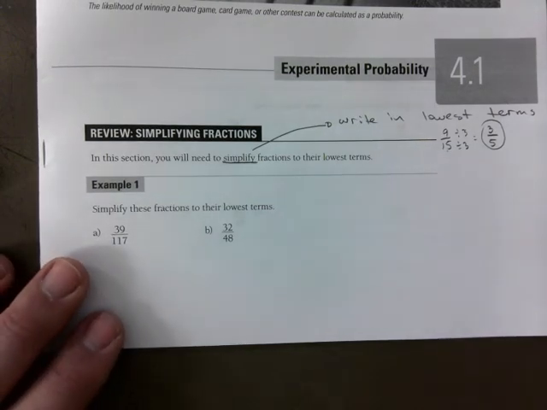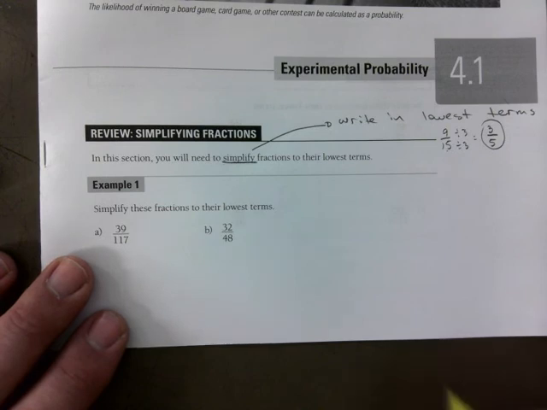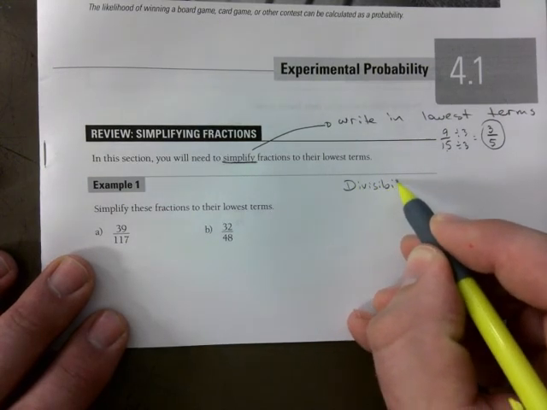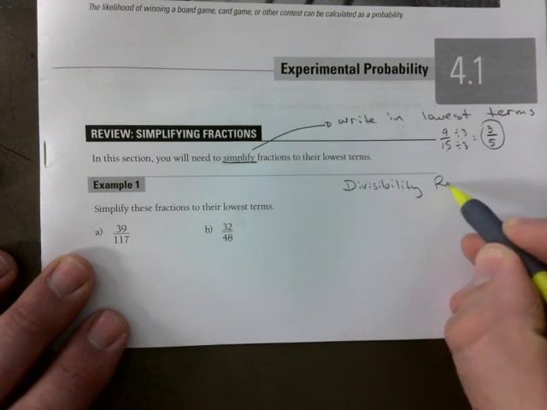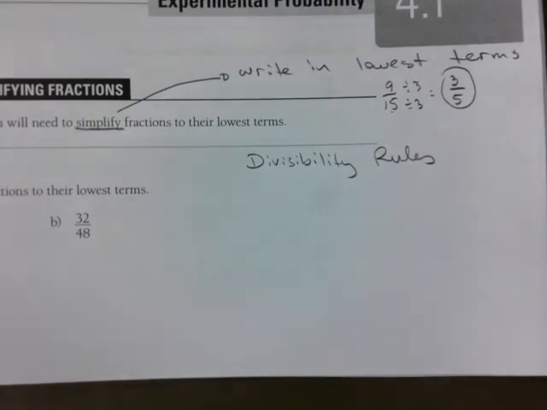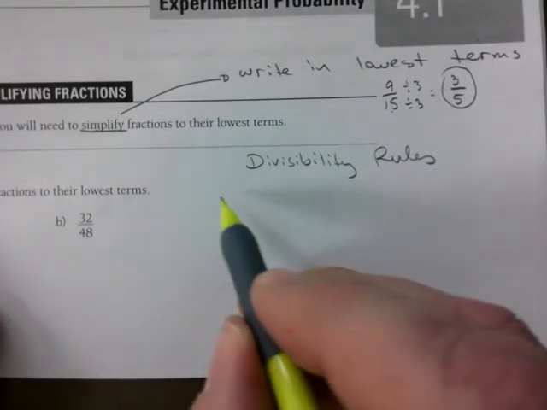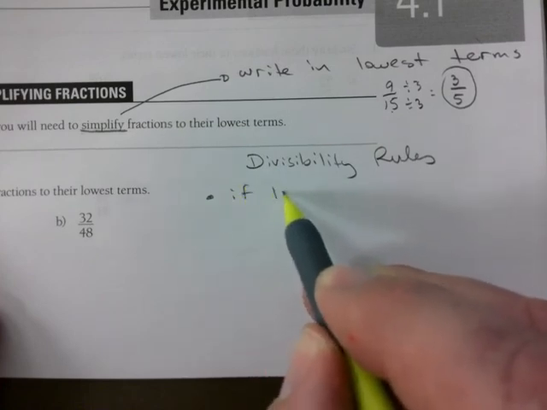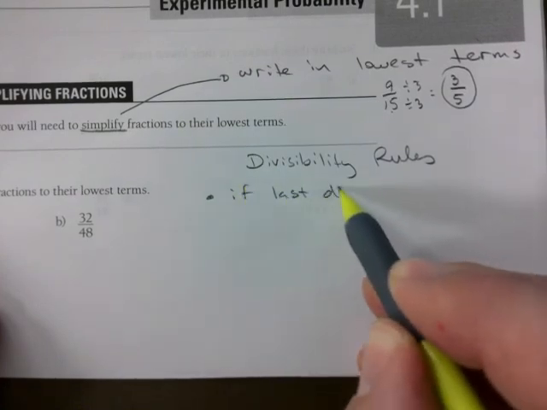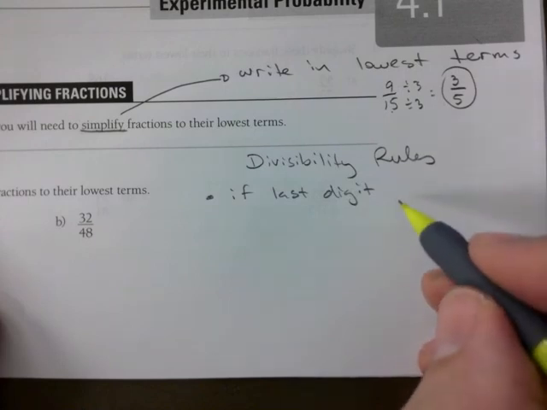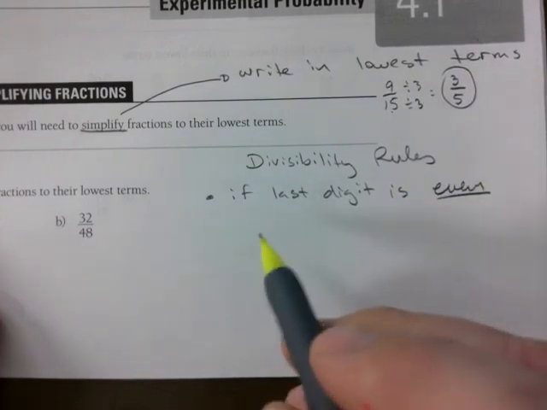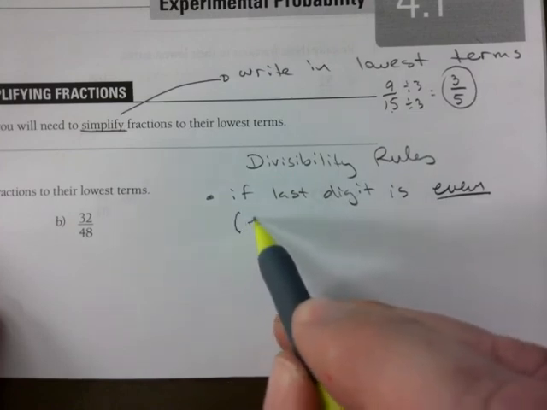And I'll give you 3 rules. Divisibility rules, we'll write that down. I'll zoom into that corner here. And so there are 3 main ones. There are more, but I need only 2. If last digit is even, right? So what does that mean?